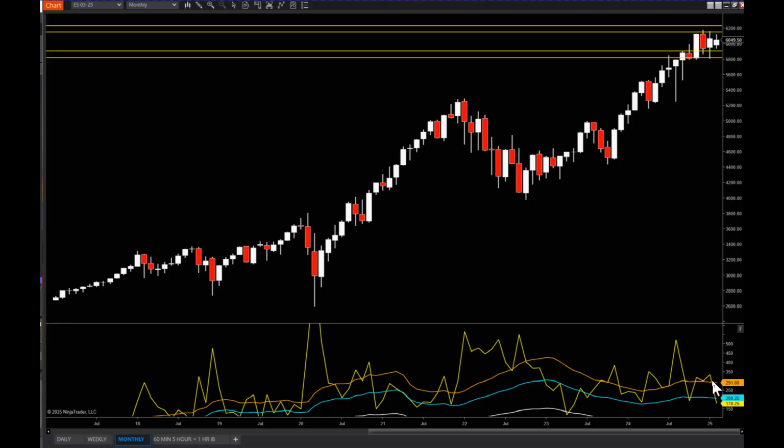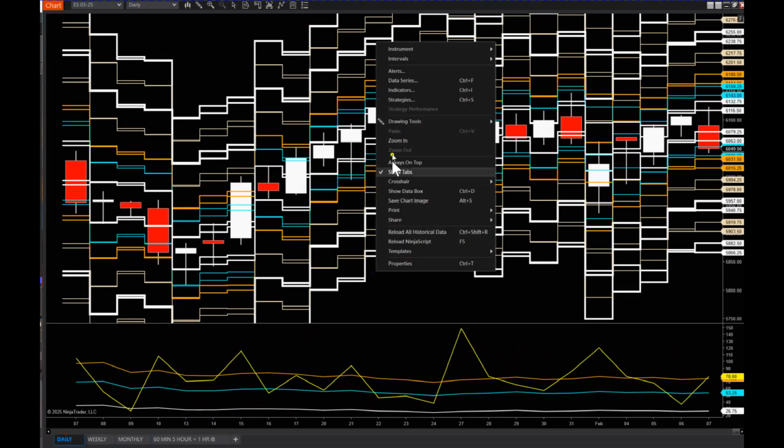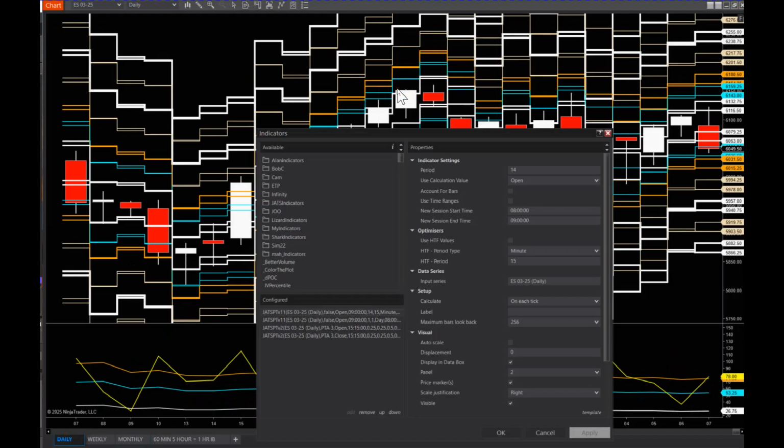And we could also put the monthly distribution on the daily chart and see where those levels line up with the 1, 2, 3 monthly distribution. See if we got anything that would match.